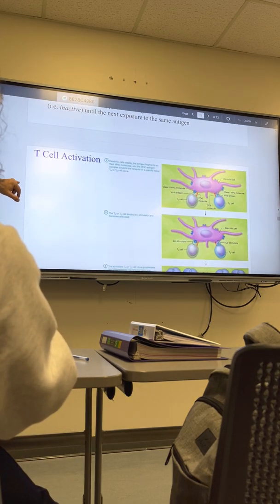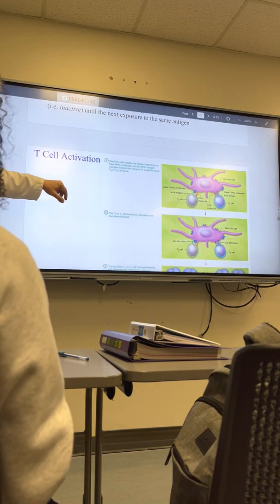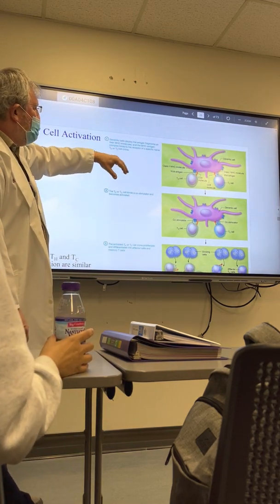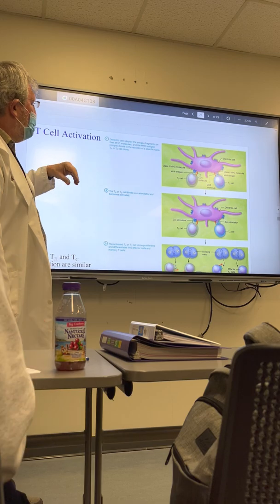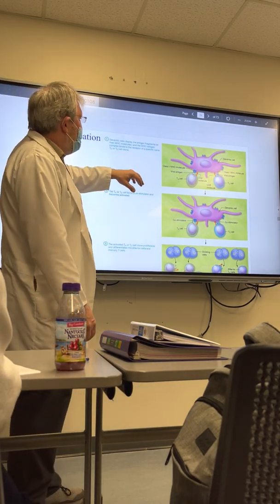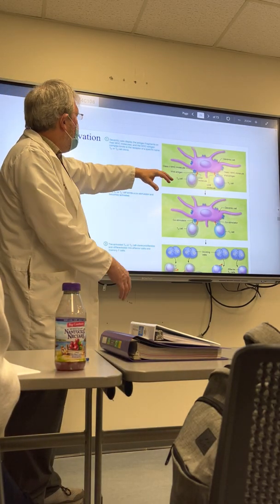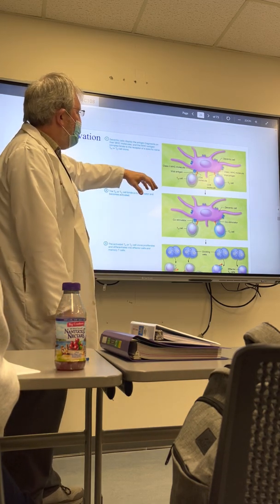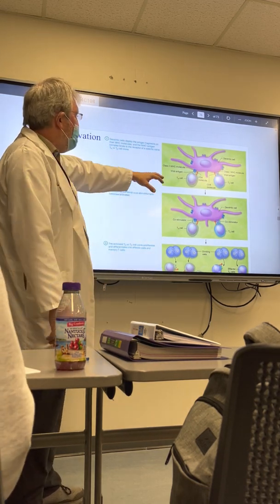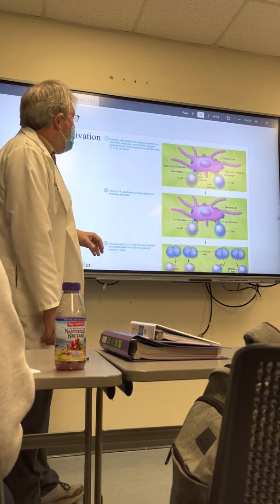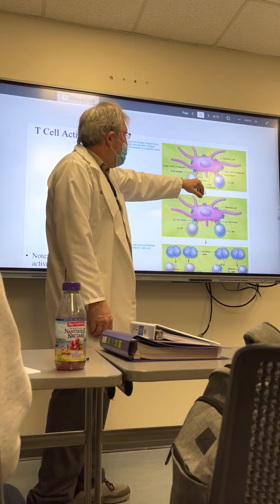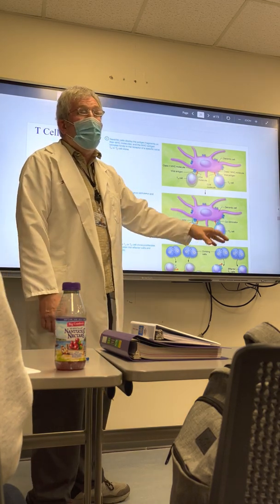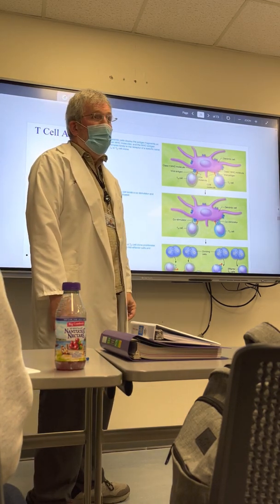And so we're seeing what we've seen before, the T cell activation, where the dendritic cell, in this case here, is displaying their little antigen fragments on their MHC1s and on their MHC2s, all right? And the MHC1s and 2s, in this case here, are going to be binding to their naive helper T cells and cytotoxic T cells, all right? They're naive because they've never been exposed to their antigen before. Are they immunocompetent?